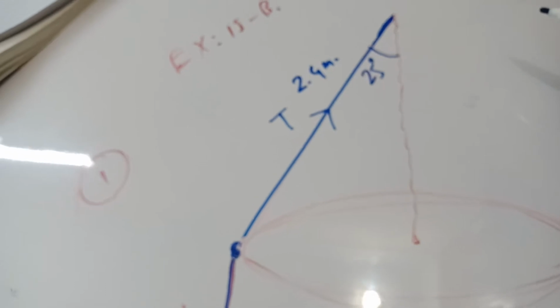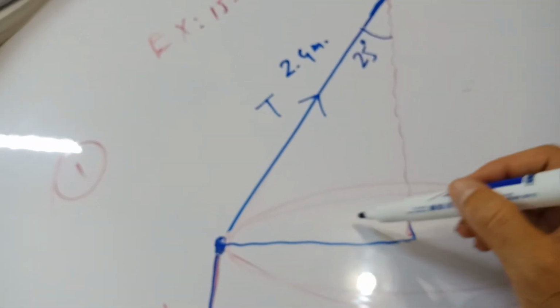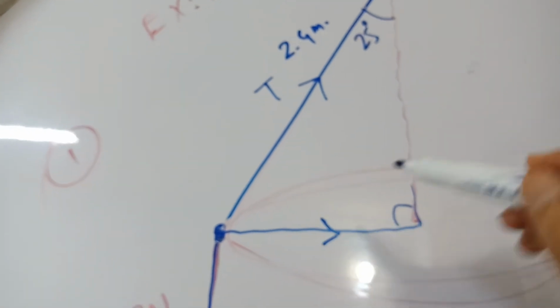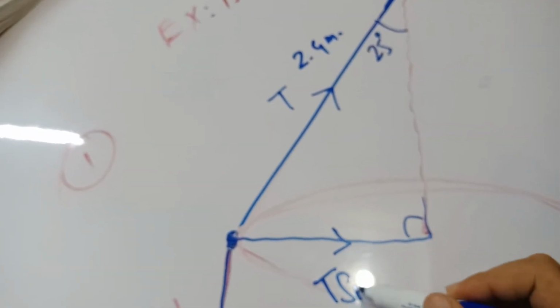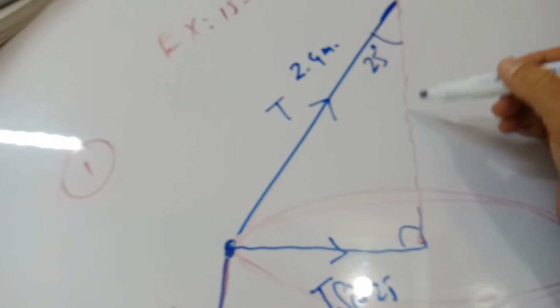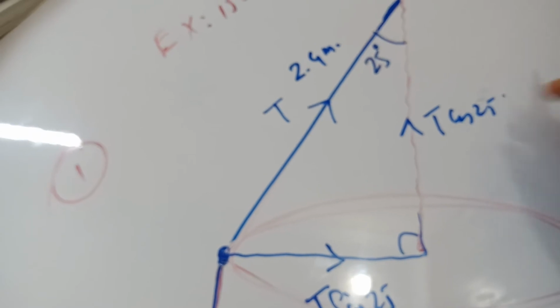We need to resolve this tension: this is your T sine 25 and this is your T cos 25.